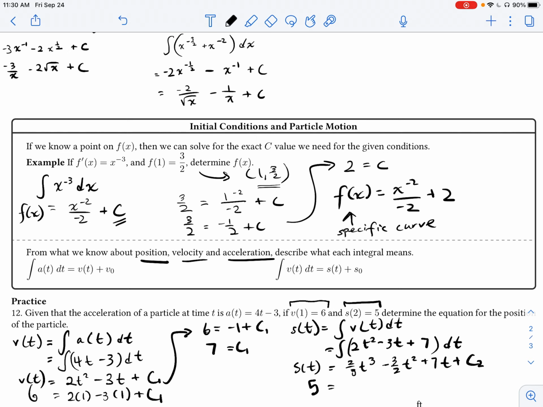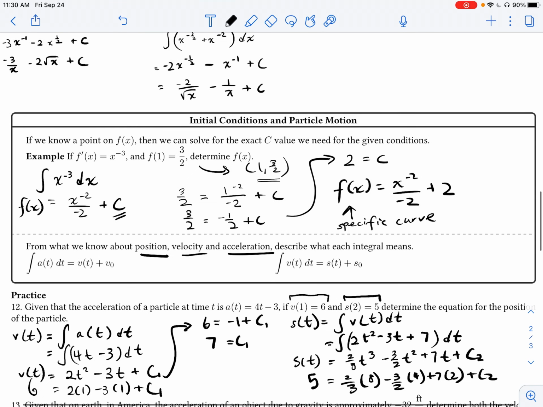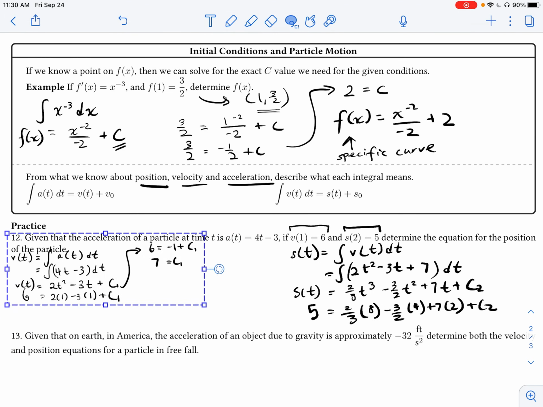So now that I plug in there, I'm going to say, all right, my s value is equal to 5, and I'm going to plug in 2/3 times 2 cubed, which is 8, minus 3 halves times 2 squared, which is 4, plus 7 times 2, plus this constant c sub 2. Okay, and looks like I need a little bit more space to work with, so I'm going to shrink this stuff just to give myself some more room.